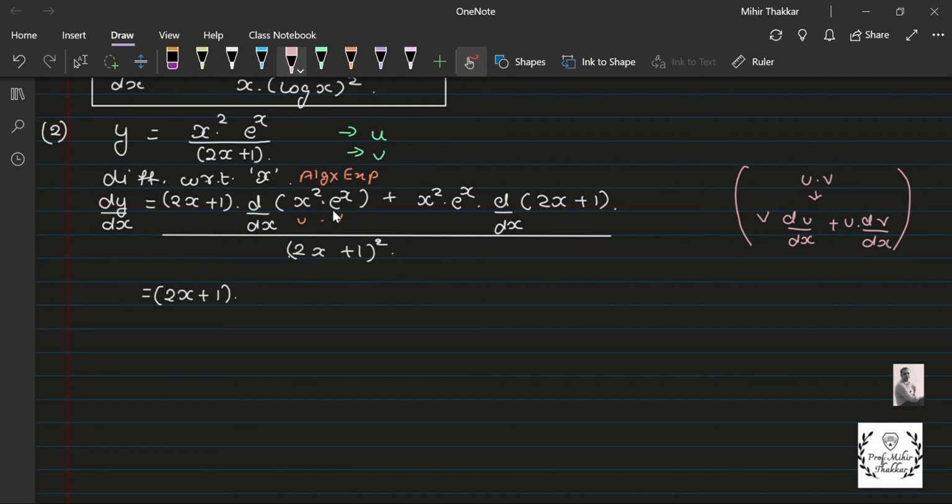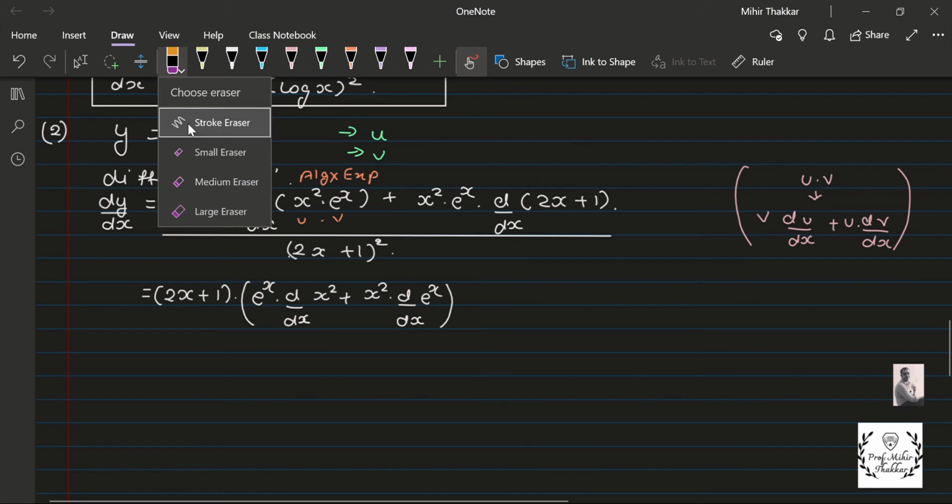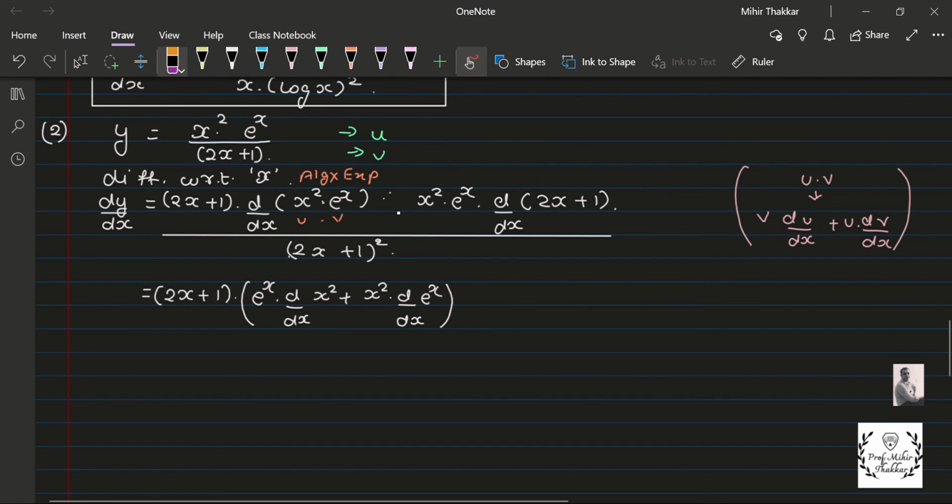v is e raised to x, u is x square. So when I substitute, I get e raised to x into derivative of x square plus x square into derivative of e raised to x. I have by mistakenly taken plus over here. I'm sorry for that.